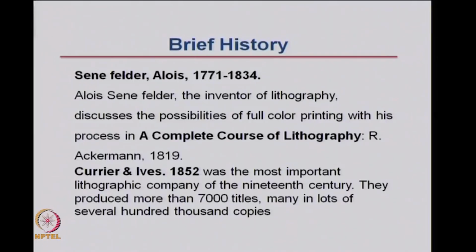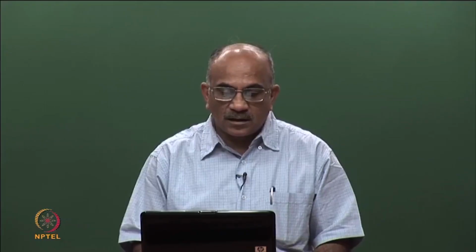They produced many prints, called titles, and several thousand copies were made of individual titles using this type of lithography, where you have a wax mold which transfers an ink onto a sheet of paper or on a leaf or on a cloth. That was the kind of lithography in the 19th century.